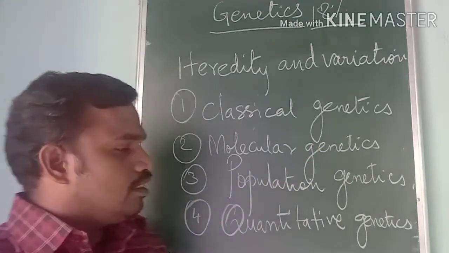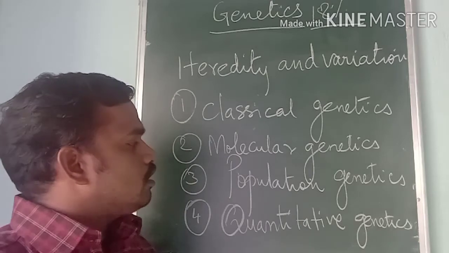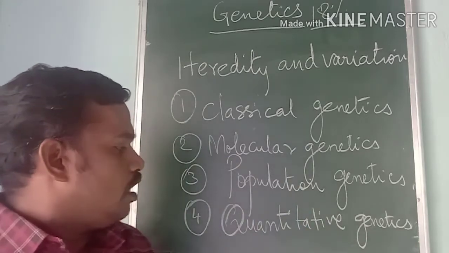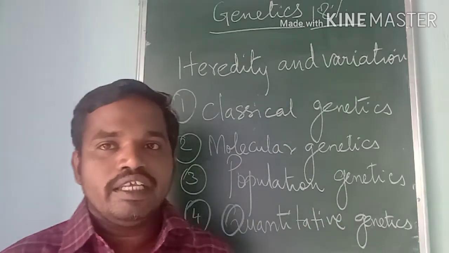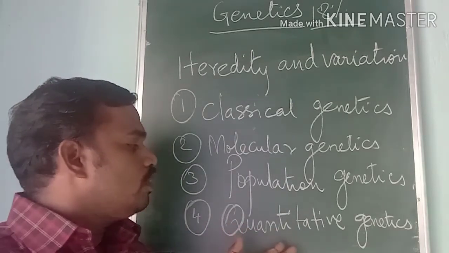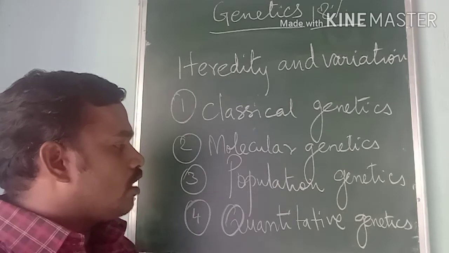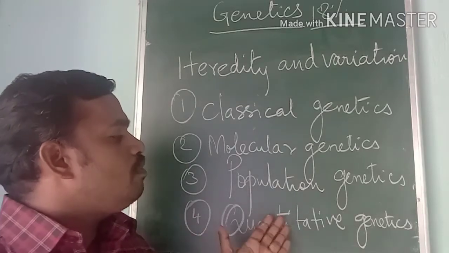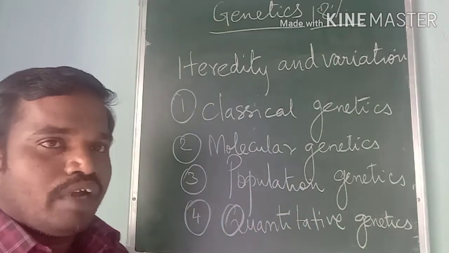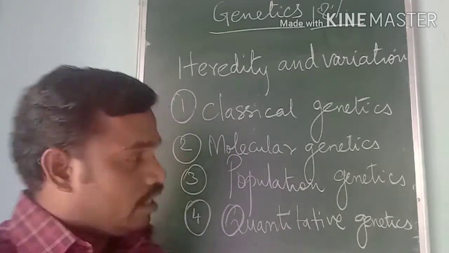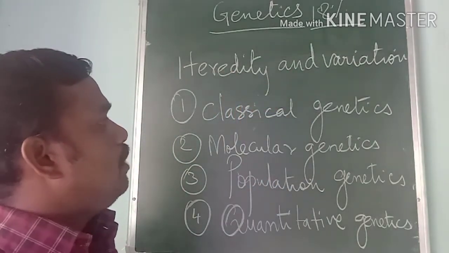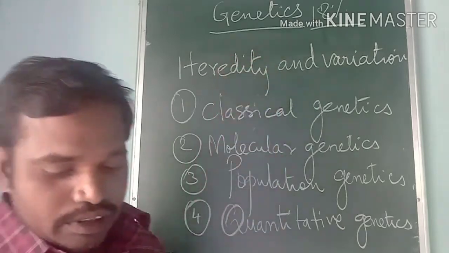Population genetics studies particular types of genes in populations. Quantitative genetics is about continuous variations, where the variations occur due to environmental changes and genetic factors. These are the 4 sub-discipline courses of genetics.